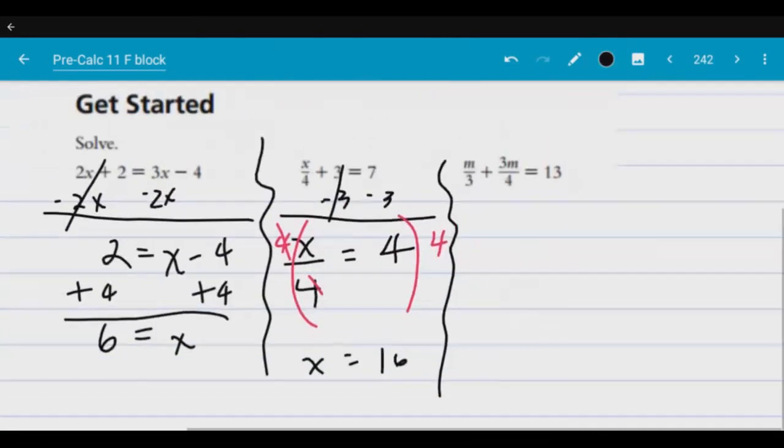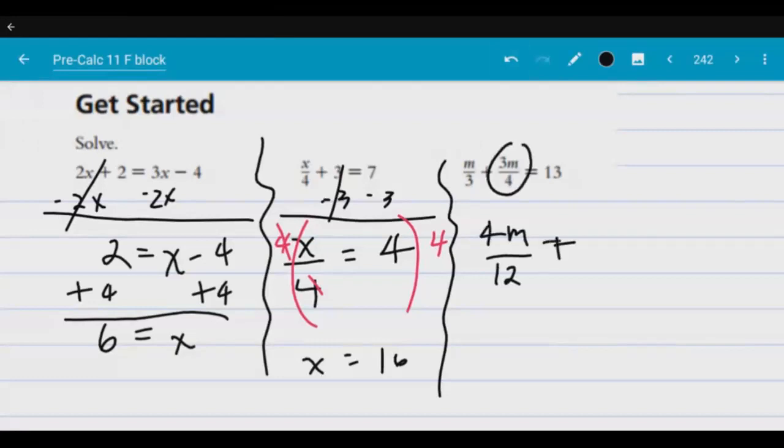While here, you would have to have a common denominator. The LCD for these two would be a 12, could be a 24, whatever, it's up to you. So to make this have a denominator of 12, you multiply the denominator by 4. The top is multiplied by 4, so you have 4m.